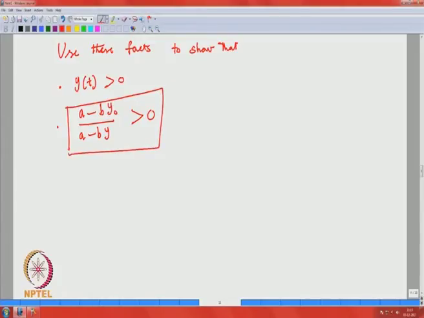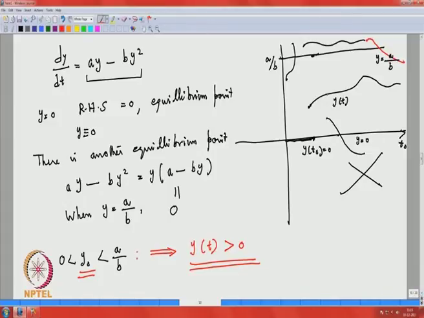This is what I explained from the earlier graph. If this is one fact, there is more information, because y t equal to a by b is also an equilibrium point. If y naught is below a by b, y t will not only be positive, y t will remain below a by b. Similarly, if y naught is greater than a by b, y t will also remain greater than a by b.